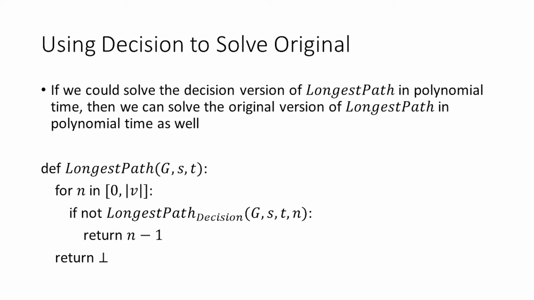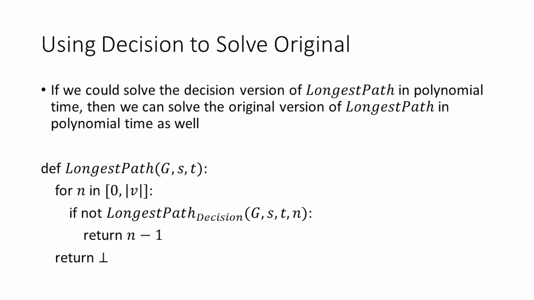So we can use the decision version of the longest path problem as a subroutine to solve the original. We could just over and over again keep trying the decision version in order to find the largest value of n for which the decision version told us that there was a path of that length, because that's going to give us the longest path.